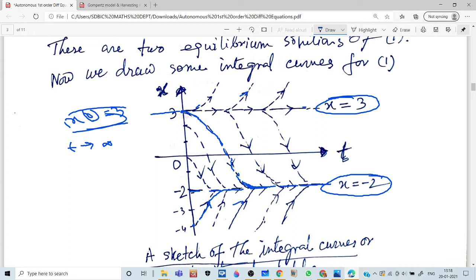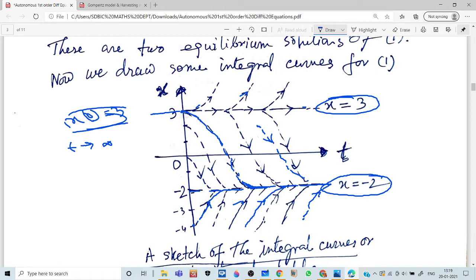All solutions going to x equal to -2: if you start from this point, or this point, the solution with time goes to the line x equal to -2.